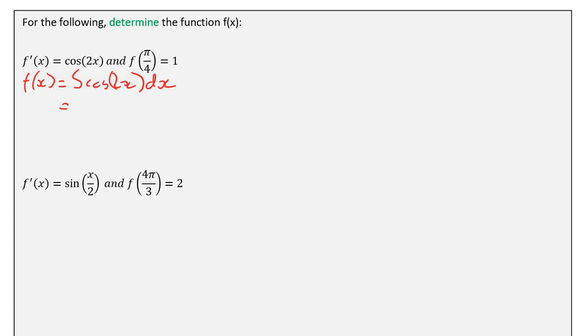Integral of cos is sine, negative sine, positive sine, sine 2x over 2 plus c. And we want to sub in 1 comma pi on 4.